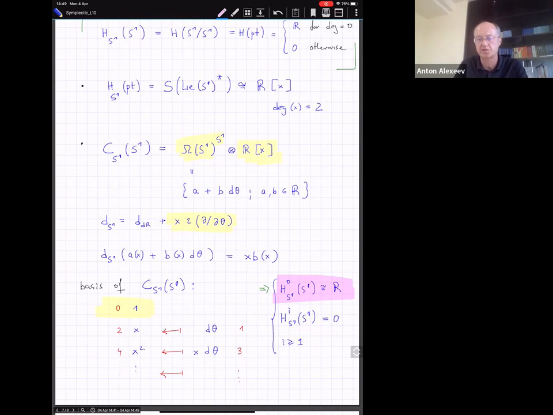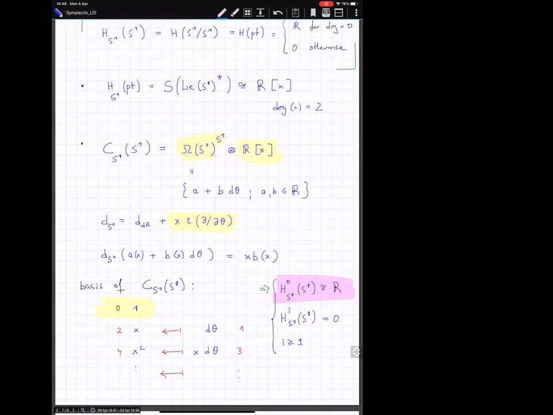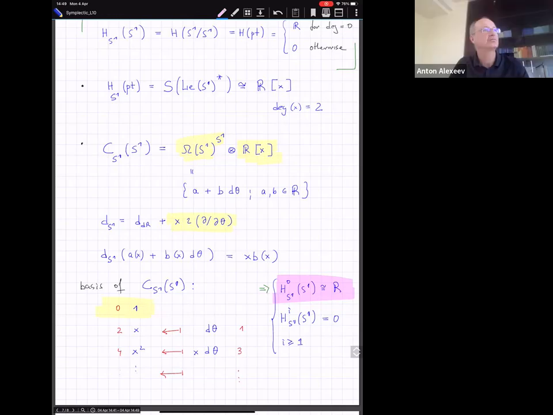It will be isomorphic to your base field. The zeroth cohomology. So here we shouldn't think about cohomology as derived functor of something. It's not productive, or what?